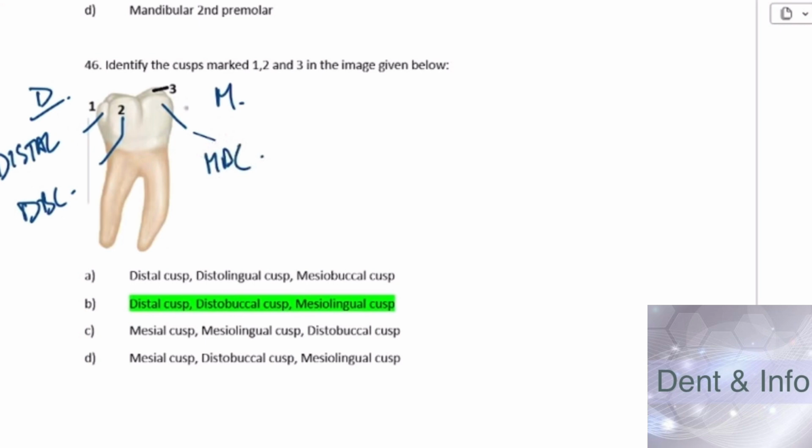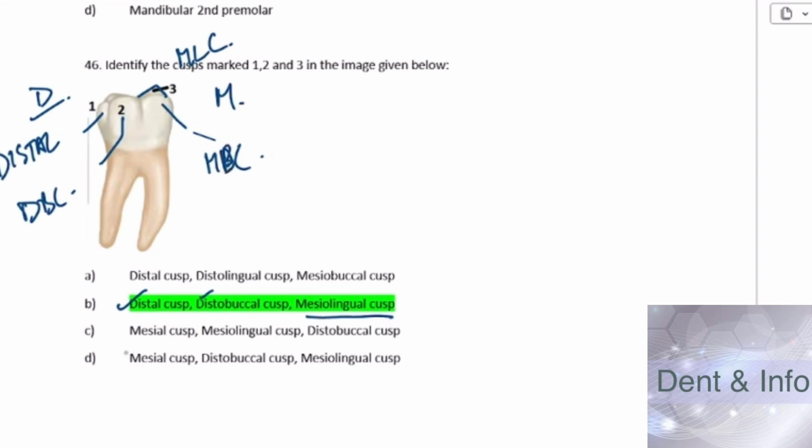On the back side of mesial, what you're looking at, slightly pointed raised, that is mesiolingual cusp. So it will be distal cusp, distobuccal cusp and mesiolingual. See, 3 is pointing towards mesiolingual, it is not pointing towards mesiobuccal cusp.